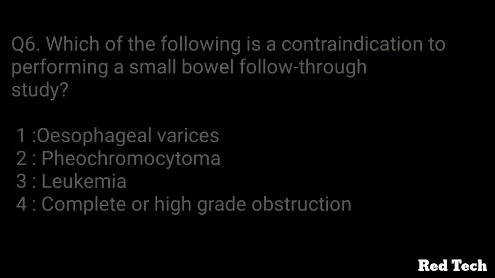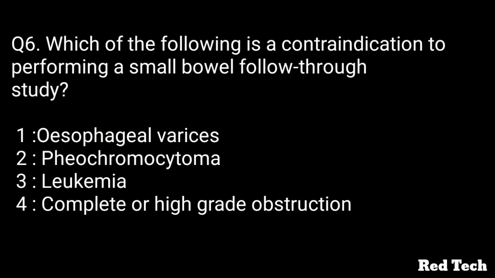Now question number 6. Which of the following is a contraindication to performing a small bowel follow through study? Option 1 is esophageal varices, option 2 is pheochromocytoma, option 3 is leukemia, and option 4 is complete or high grade obstruction.